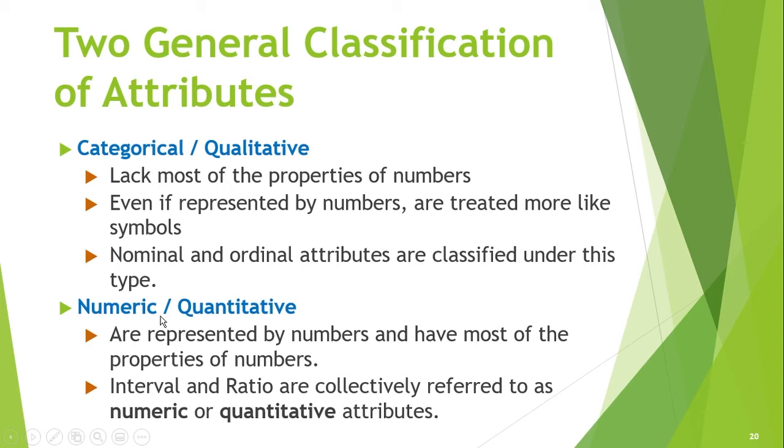classification yung numeric or numerical or quantitative attributes. These are represented by numbers and have most of the properties of numbers. Interval and ratio are collectively referred to as numeric or quantitative attributes. So, yung dalawa doon as we have seen in table 2.2.